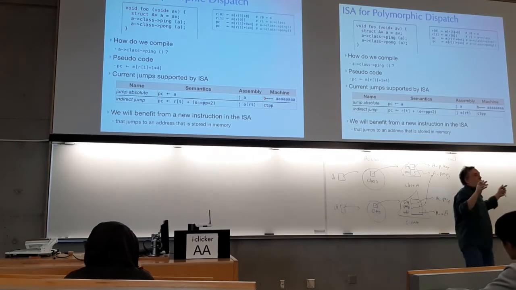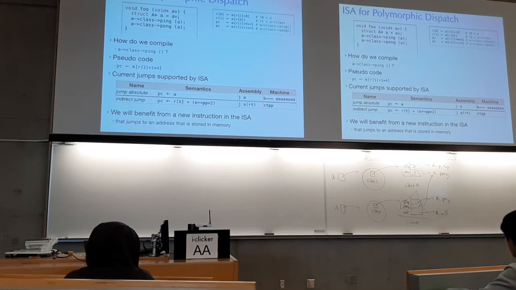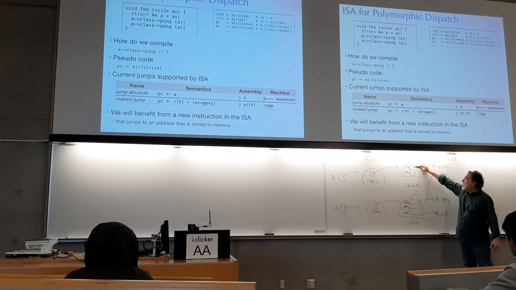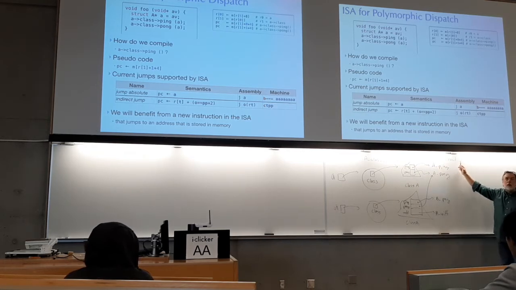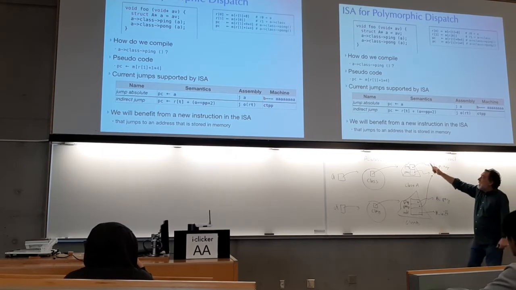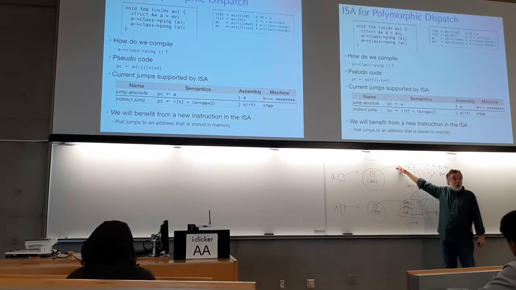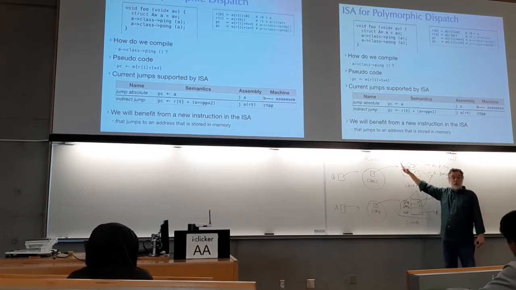So at any point in the program you want, you say A class table dot, and if you say A class table dot ping, you get that one, dot pong. So this can be a little bit confusing. The relationship between this and that is that this is just the type. It's just the struct. It's not a variable. And this is a static allocation of a variable of that type. So that's the type of this.